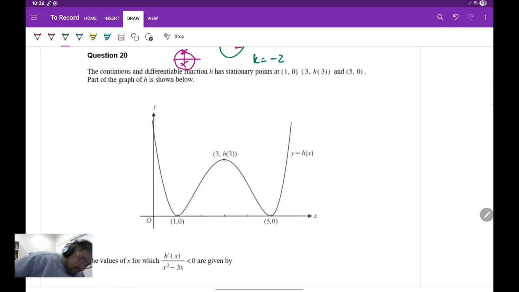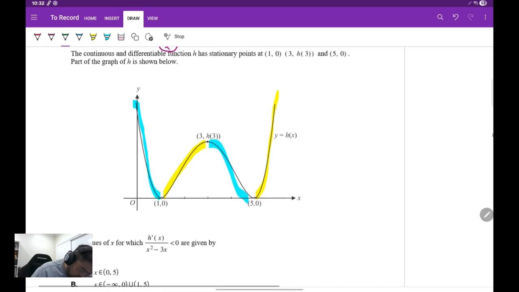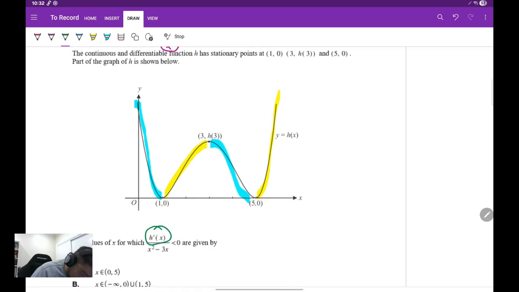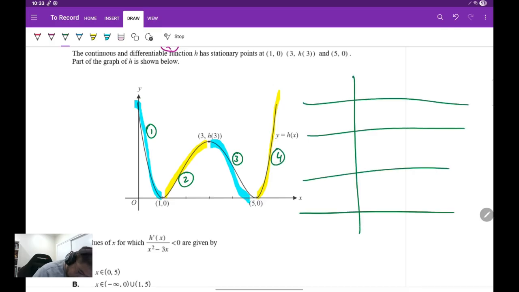The best way to do this is to break these up into sections. Now, I like to think of this as section 1, section 2, 3, and 4. Let's draw up a little table here.